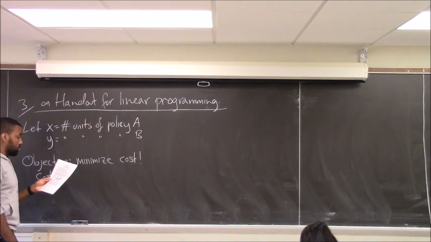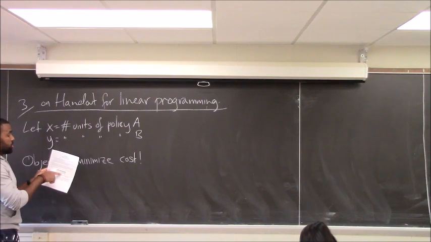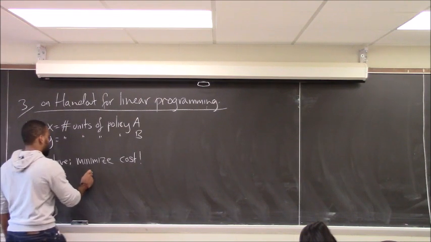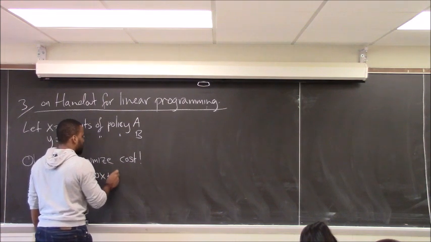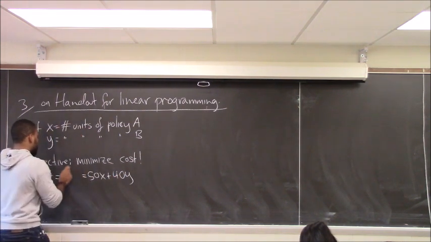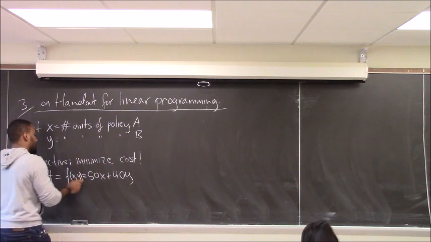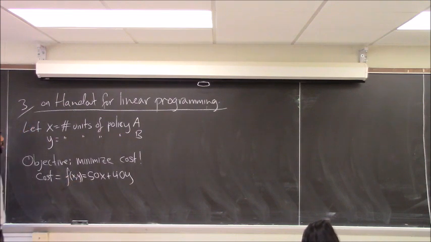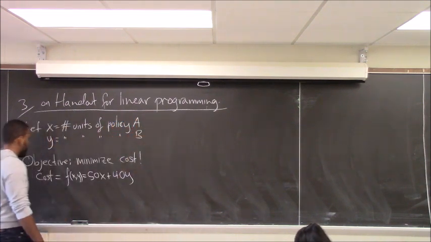It's 50x plus 40y, so it's 50 per unit of A and 40 per unit of B. This is a linear function, so a linear program is going to work.